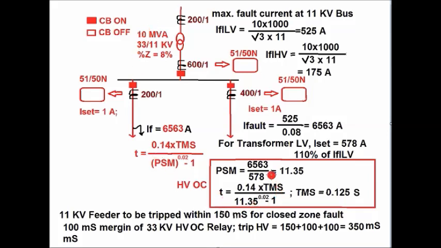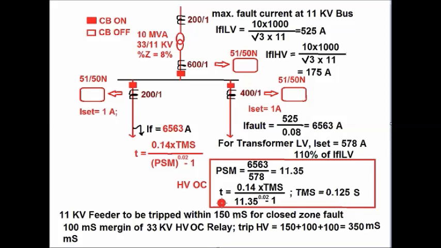By means of that, we will calculate the TMS setting for the HV side overcurrent relay. The plug setting multiplier, that is the ratio of the fault current and current setting, should be the same as that of the LV side overcurrent relay, because the fault current will remain the same and the relay setting current will be 110% of the full load current.